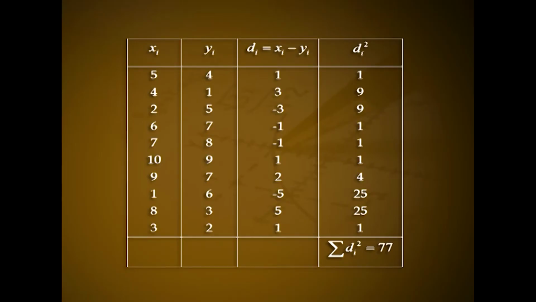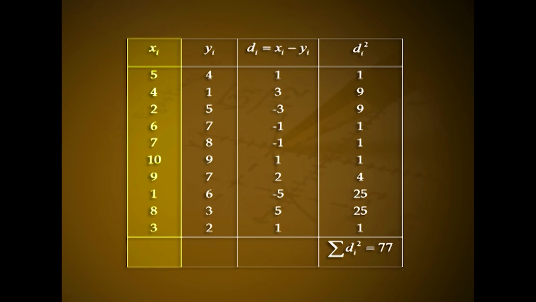The calculation for finding Spearman's coefficient of rank correlation is as follows. The xi values are here, yi values are here, di values are xi minus yi, and then di square values. The xi values are 5, 4, 2, 6, 7, 10, 9, 1, 8 and 3.